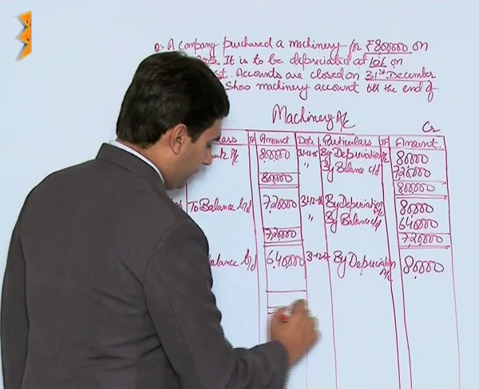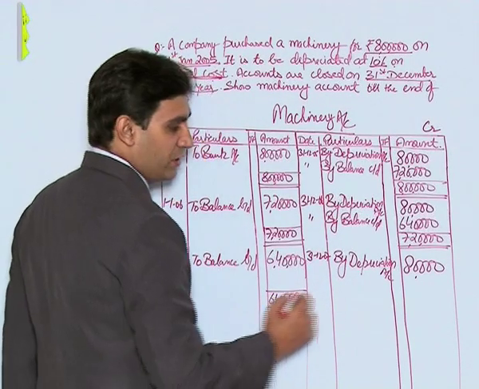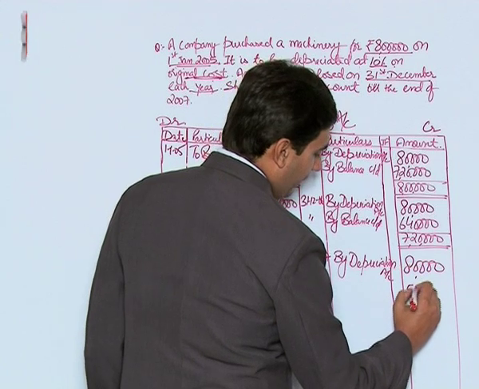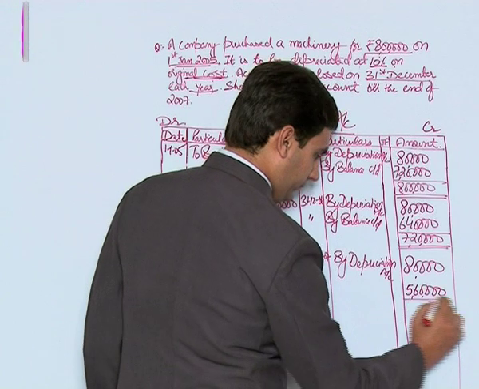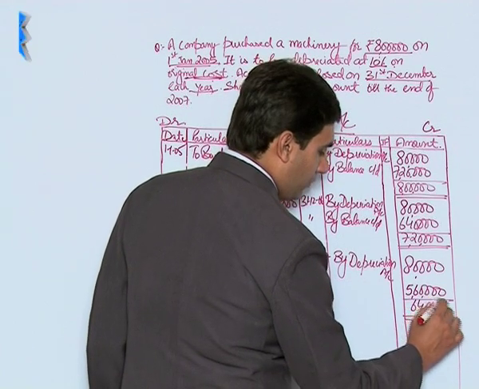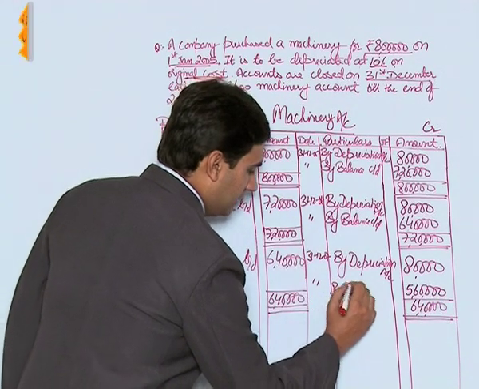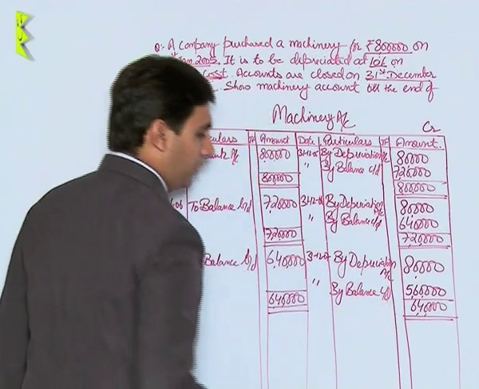At the end of the year, let us find the closing balance. 6,40,000 minus 80,000 would be 5,60,000. The total is 6,40,000 on both the sides, and do mention it as by balance carried down.